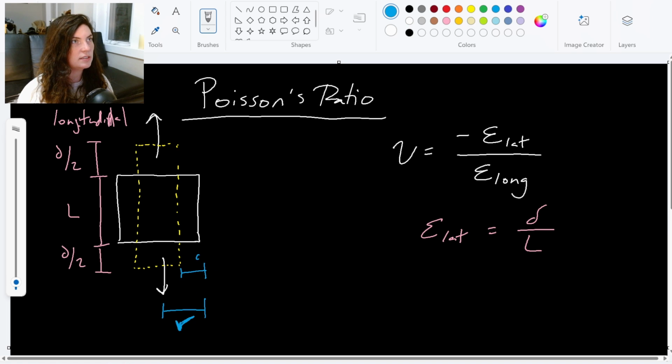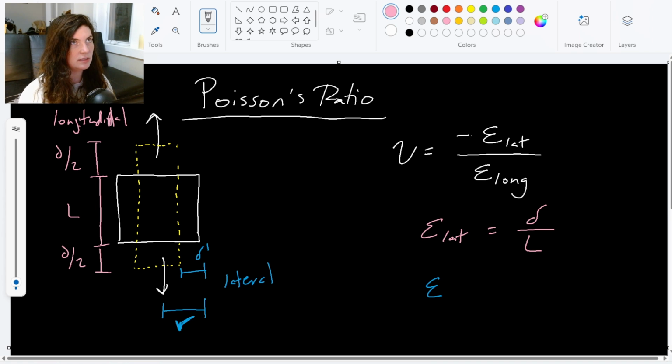And I'm going to call this just delta prime. It's just the lateral displacement. So see, and I already wrote these backwards.